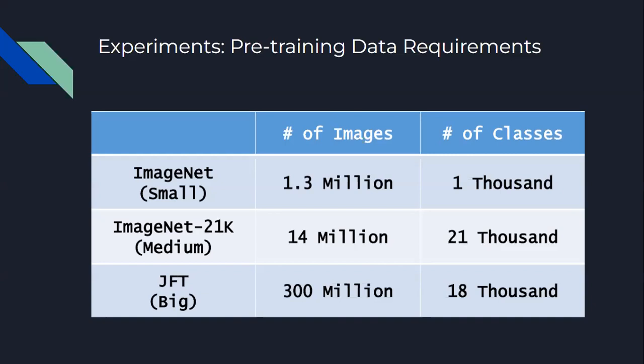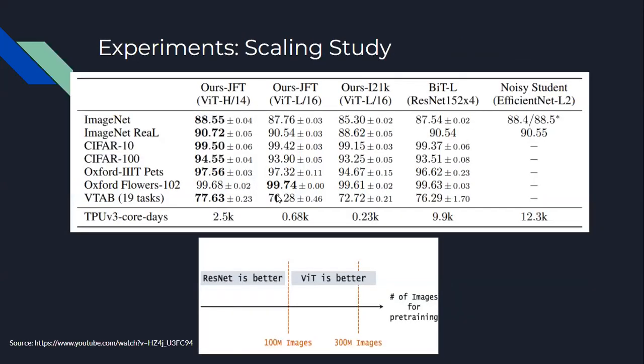So the next one, these are the scaling studies they have observed with the transformer network. First they trained with the small ImageNet data set, and they used different models: the Vision Transformer Huge with 14 patch size, and the other one with 16, and the ResNet.